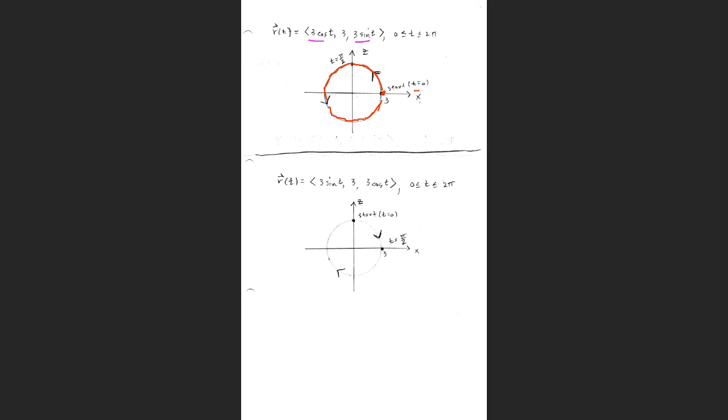On the other hand, if x were 3 sine of t and z were 3 cosine of t, when you start at t equals 0, you'd be starting at the point 0, 0, 3. And as t increases, you'd be moving in this direction. So if t is pi over 2, you would be at 3, 0.